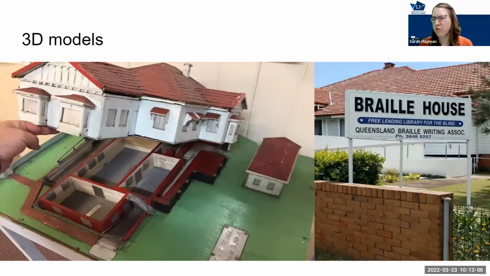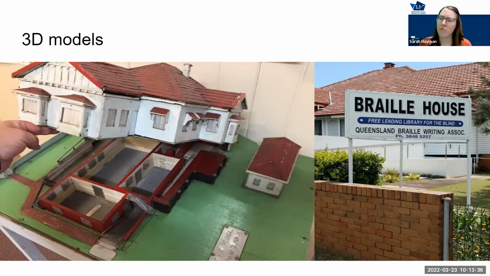So 3D models were once best practice for education of blind students in special schools, where volunteers would construct large models by hand for use by a group of students. In Queensland, R.F. Tunley was known as the fairy godfather of blind children for his work making innovative models for blind students, including the model of Braille House, which is shown on the screen, which lifts on a hinge to reveal the internal rooms.